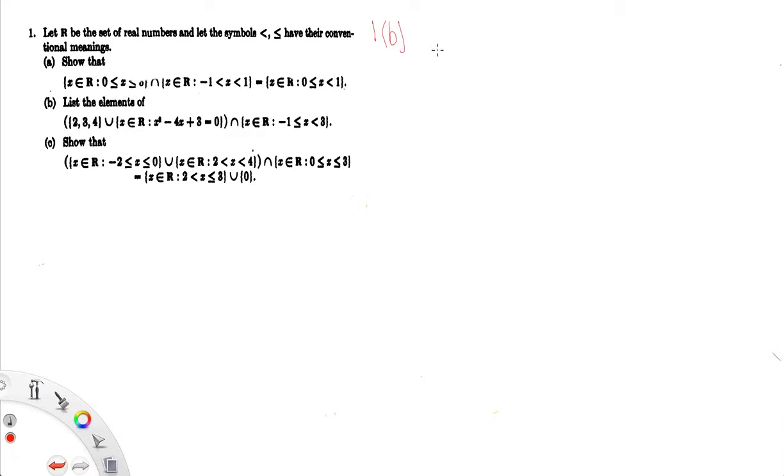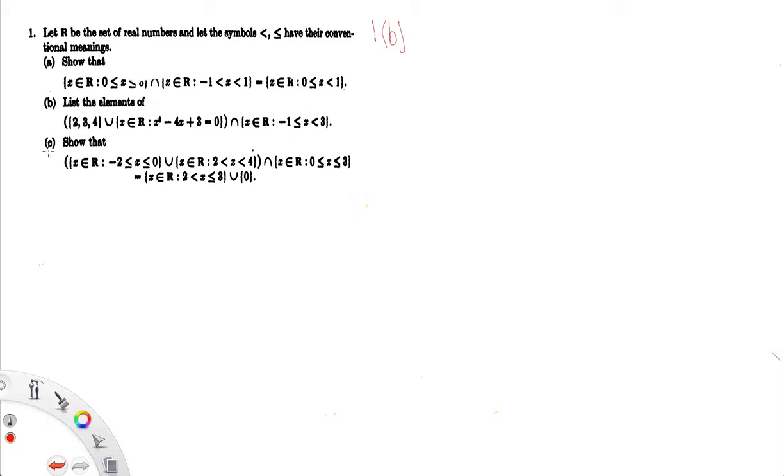And let me emphasize here that I'm not writing out a rigorous, careful argument. I'm just outlining a sketch of how you might write this out in a rigorous way. Here they're asking us to list elements in this set.